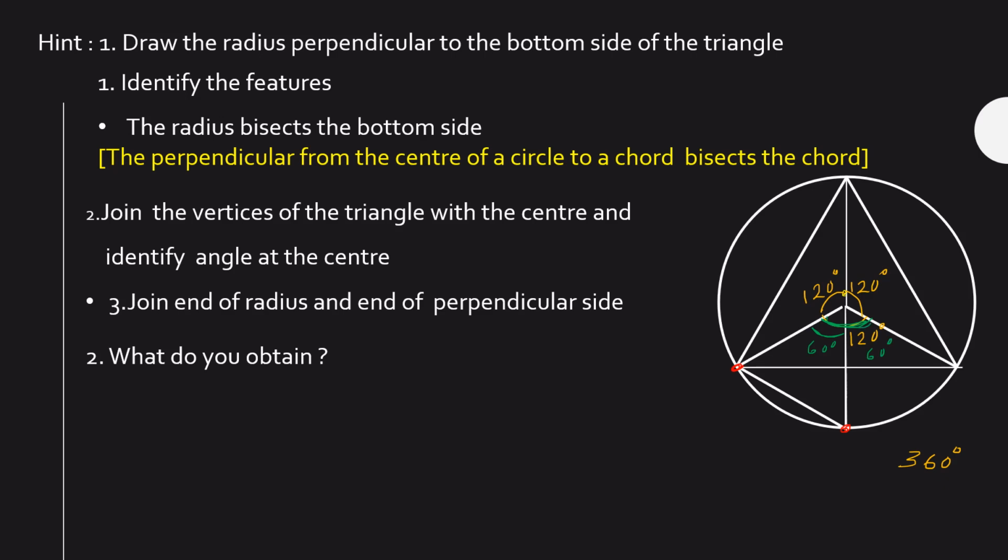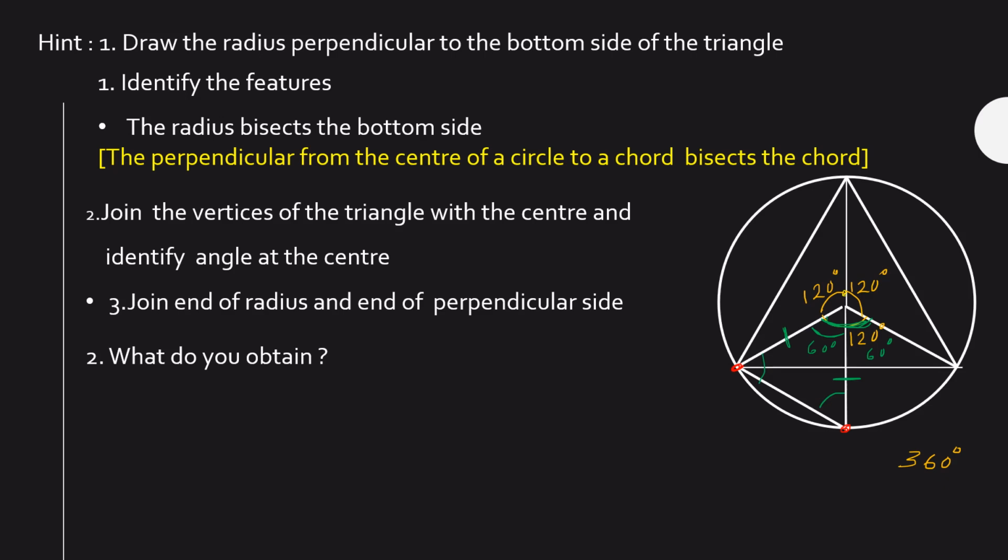Okay. Now see, what is the speciality of these two sides? Yes, these two are the radii of the circle, isn't it? So these two sides are equal, so this is an isosceles triangle. So the angles opposite to equal sides are equal. So this angle and this angle are equal.